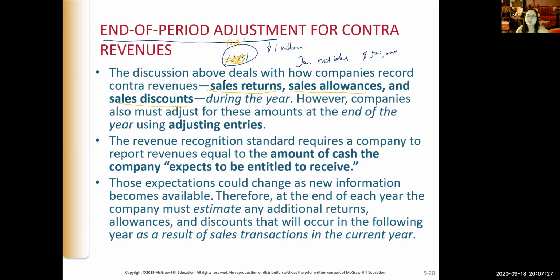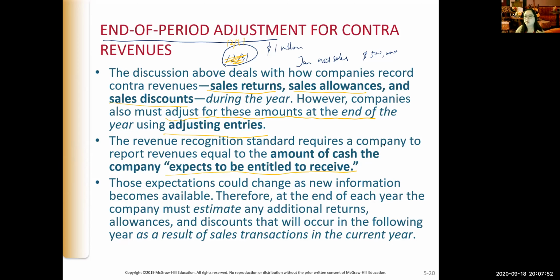Okay. So in the discussion about how a company reports contra revenues, we also need to estimate as well during the year. However, companies also must adjust for this account at the end of the year using an adjusting entry. The revenue recognition standard requires a company to report revenue equal to the amount of cash that a company is expected or entitled to receive.